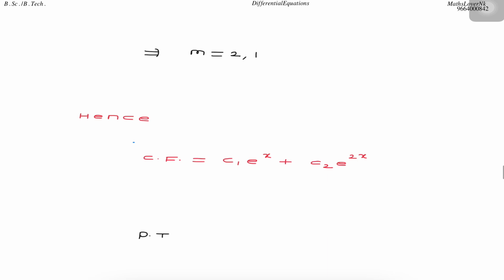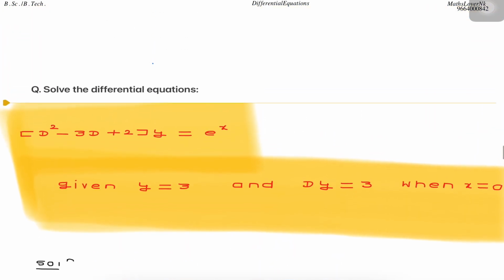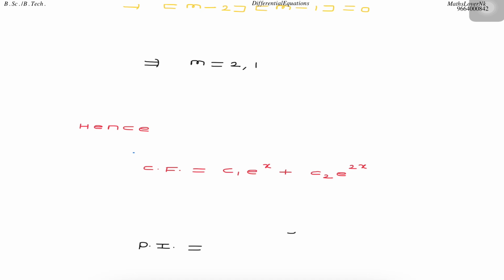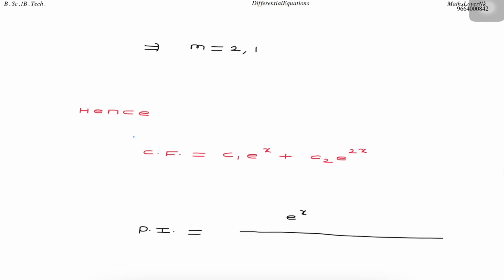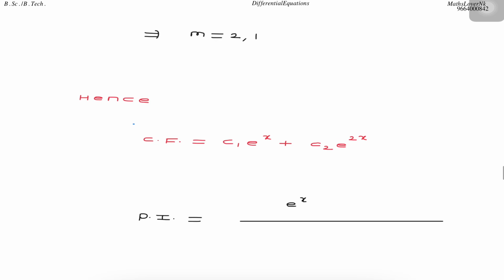Now PI. For finding the PI, write the RHS part in the numerator, that is e^x, and in the denominator the function of D: D² − 3D + 2. Now apply the identities.